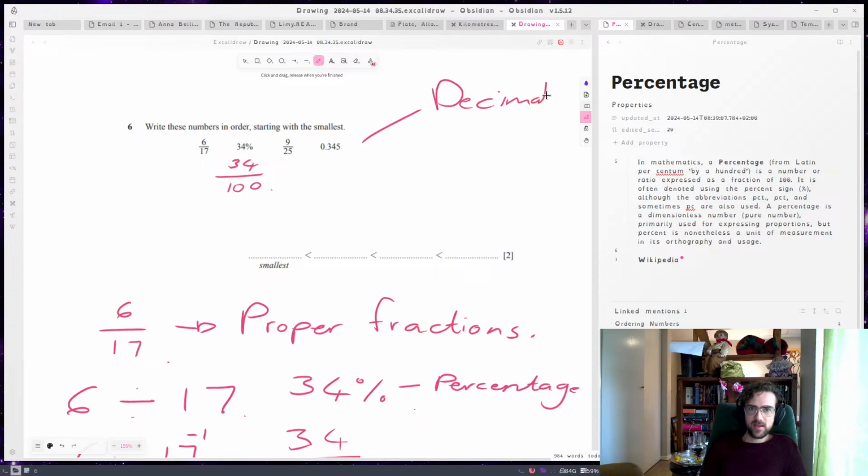It's a decimal. Okay. And a decimal is also a type of fraction, a decimal fraction. And this is over 1,000 because we've got 3 places after the comma. So we've got 345 over 1,000.